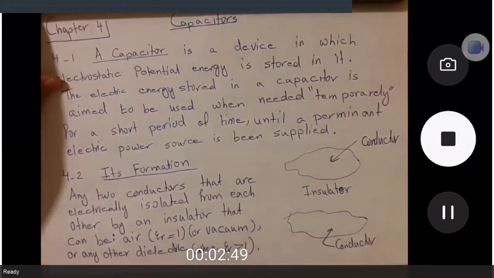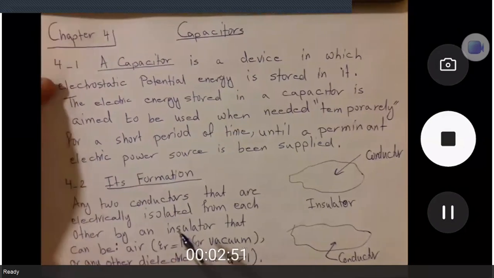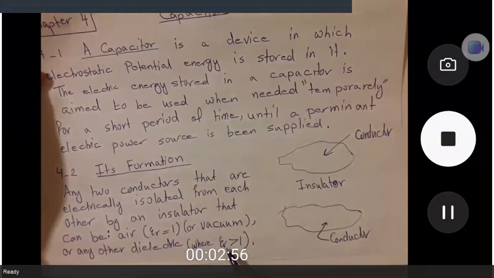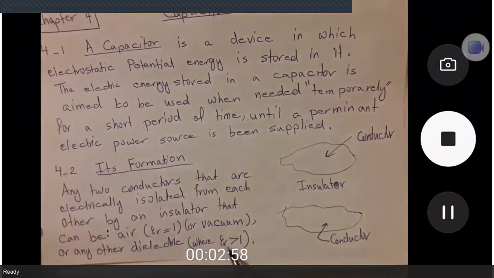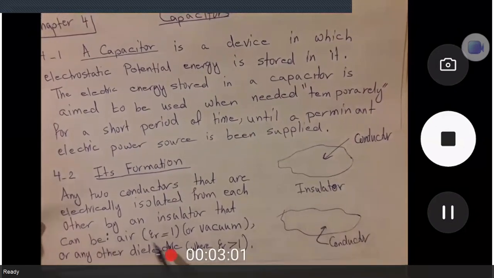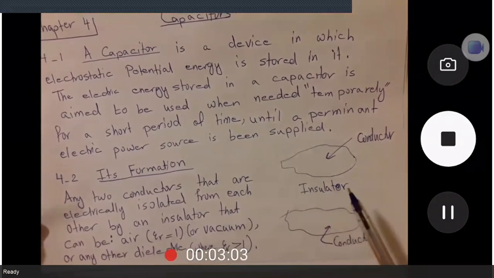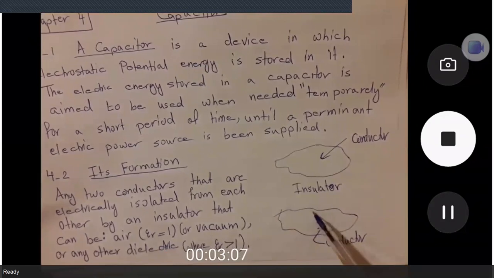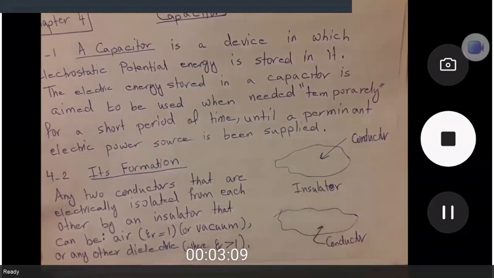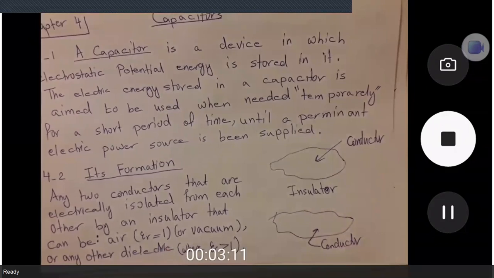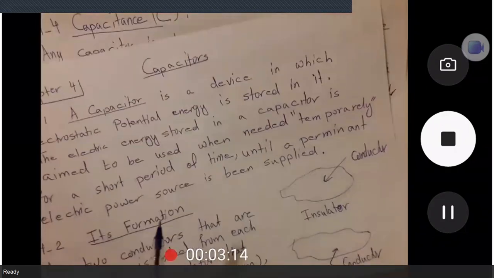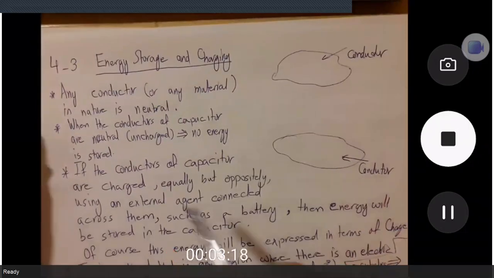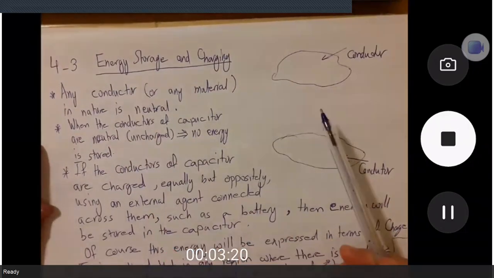Other than air or vacuum, it is still an insulating material, but then we call it a dielectric, and it's characterized by epsilon r greater than 1. In our course we will be assuming only capacitors that are filled with an insulating material which is air or vacuum. Okay, meaning empty, vacuum.